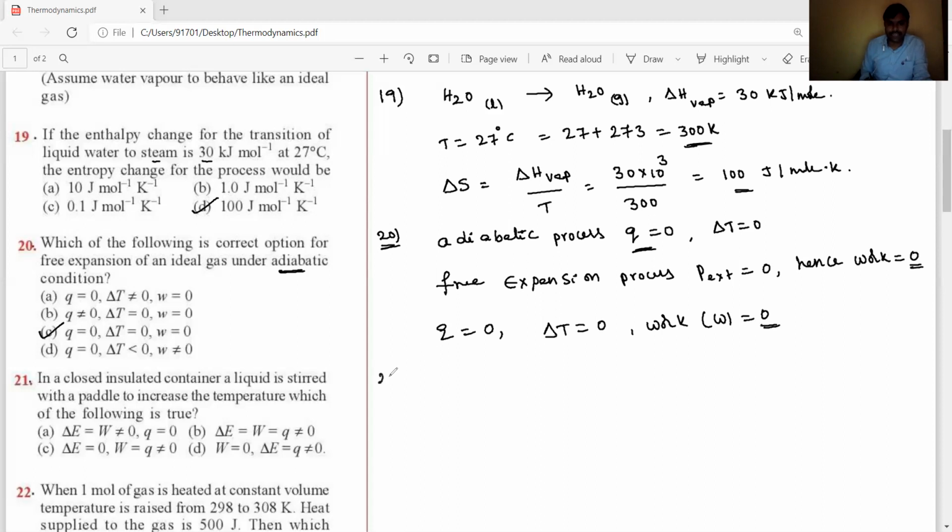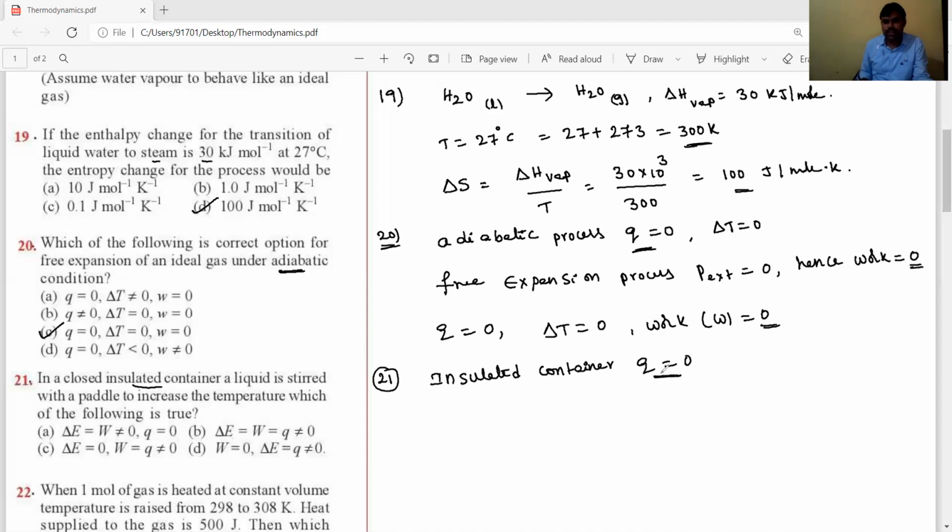Let's see the 21st question, dear students. What is the 21st question? In a closed insulated container, a liquid is stirred with a paddle to increase the temperature. Which of the following is true? So, a closed insulated container means Q is equal to 0.